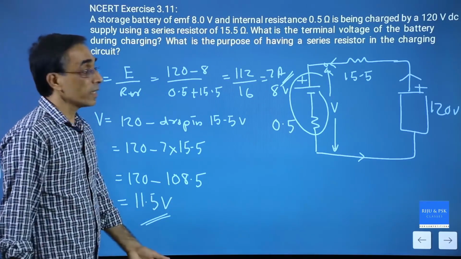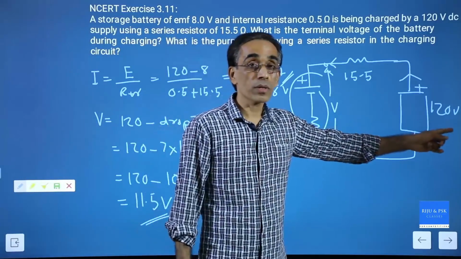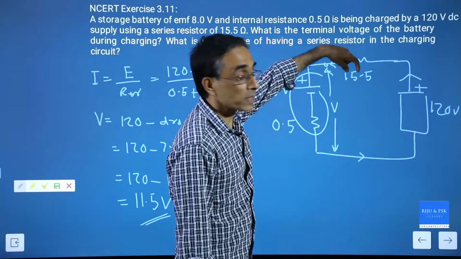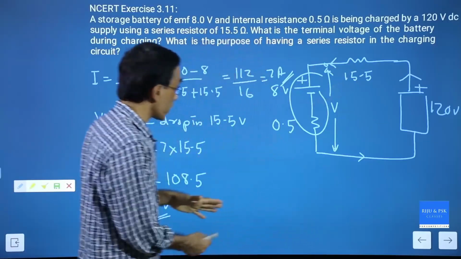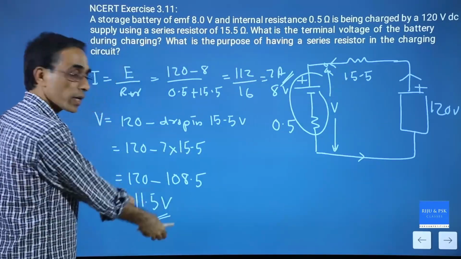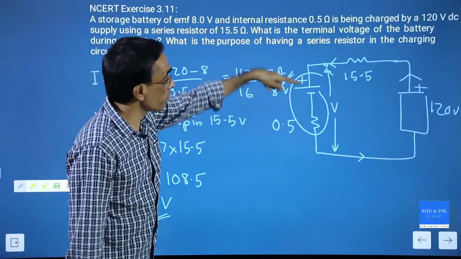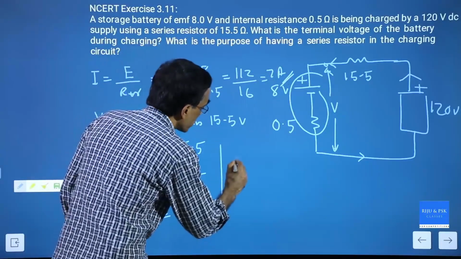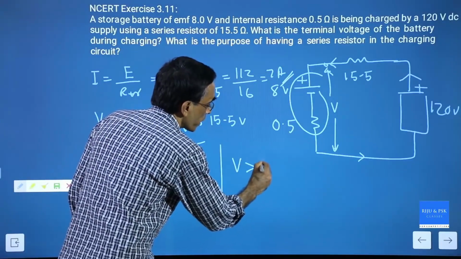Okay, see, you are using 120 volt. By putting a 15.5 ohm resistor here, you can decrease that voltage to 11.5, which is more than the EMF of the cell, because we know in charging the terminal voltage will be greater than the EMF.